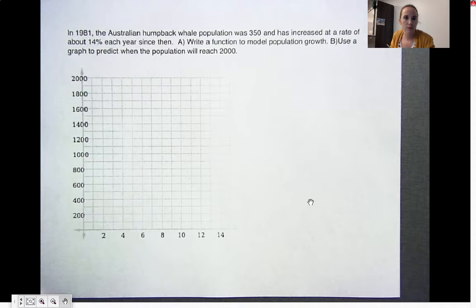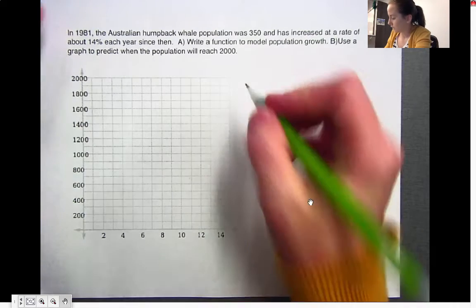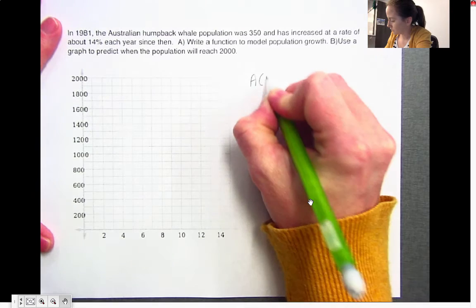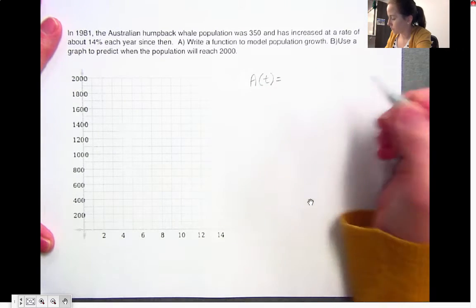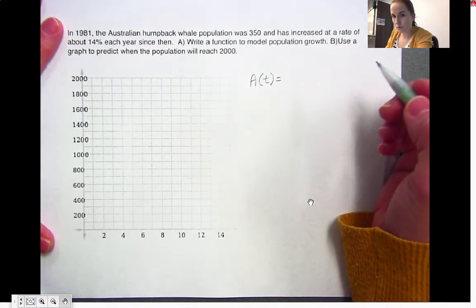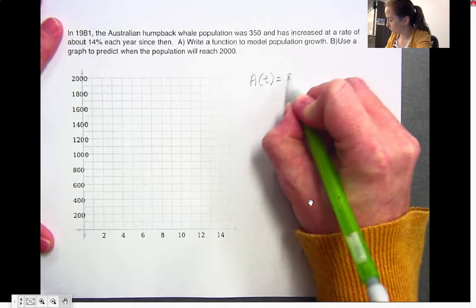In 1981, the Australian humpback whale population was 350 and has increased at a rate of about 14% each year since then. Write a function to model population growth. So let's do that first. I use my formula A of t equals the starting amount, the initial amount, which is 350.